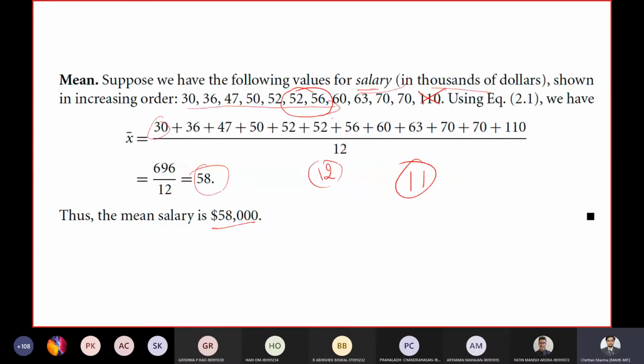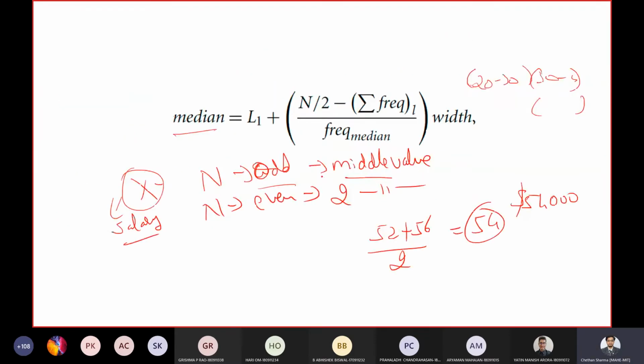You just count from here, 1 to 11. The middlemost value is 52. Here you have 5 values, and here you have 5 values. The middle is 52. So the median for the data set, in case you remove this last value, would be 52. That is when n is odd.